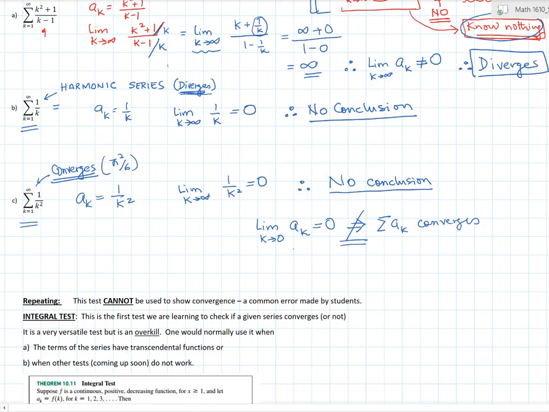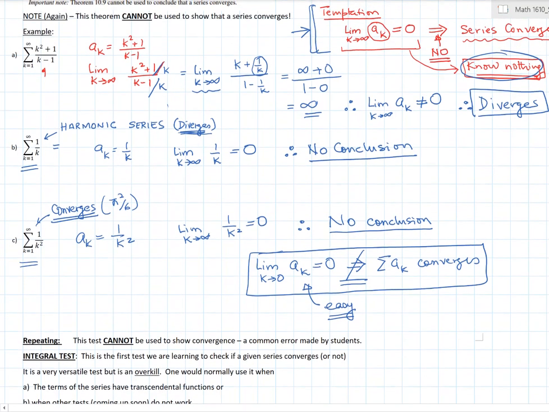So some of you will try to get away by saying this kind of stuff, but please remember this is not true. I mean, if you think about it, if it was that simple, there would be nothing much to really study, because finding a limit of a_k is easy. And if it was that easy that you can see the limit equals 0, then we could come to many conclusions. So please don't make this mistake.